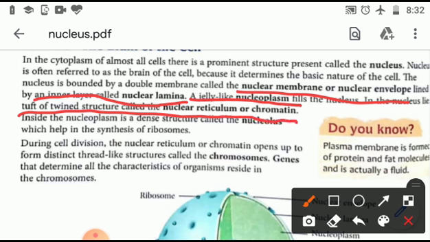Inside the nucleoplasm we have a dense structure called the nucleolus. The nucleolus helps in the synthesis of ribosomes. And chromatin material is the thread form of the chromosome. When cell division starts, it elongates to form the chromosomes, which carry the genetic material.